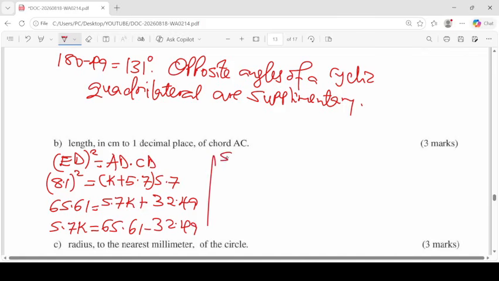So 5.7K will be equivalent to, when you subtract, 33.12. When you divide through by 5.7, you will get K being equal to 5.81. But now they want it to 1 dp. So the length AC will be 5.8 centimeters.